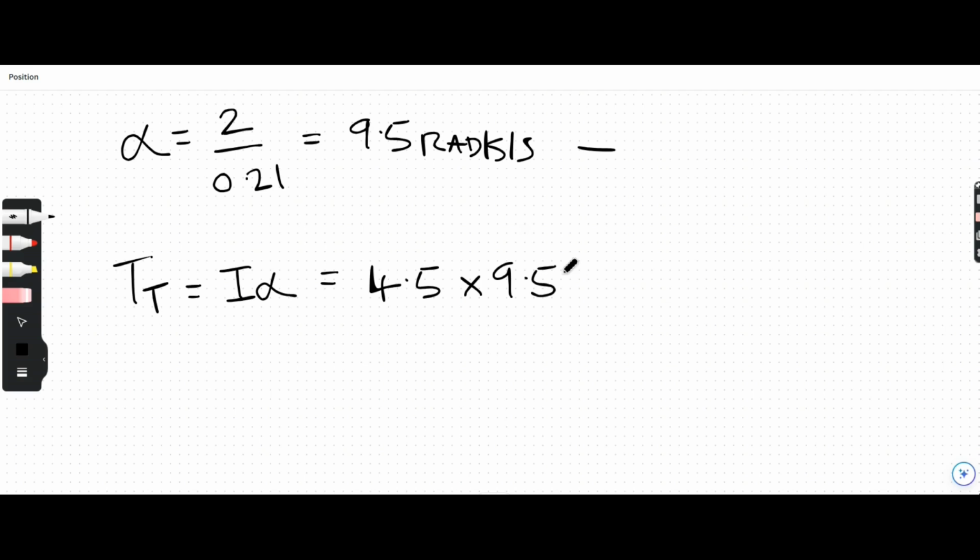That's inertia torque, by the way. 4.5 times 9.5 gives me 42.75 Newton meters. This here is my inertia torque, the torque to overcome my inertia.